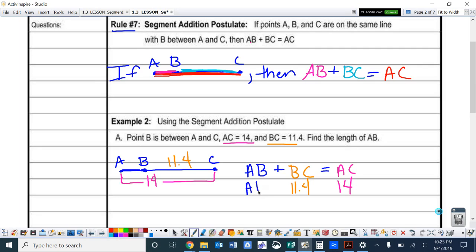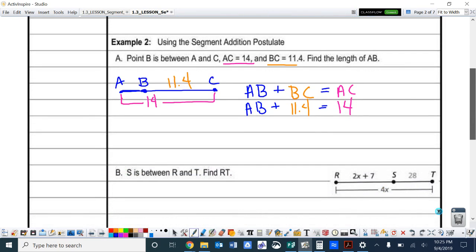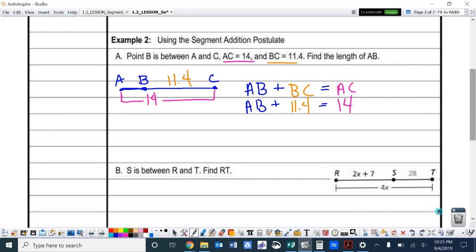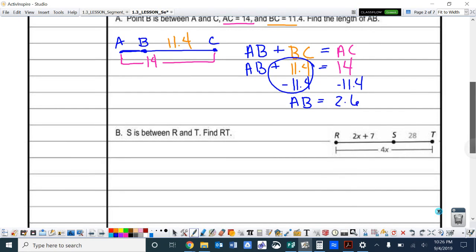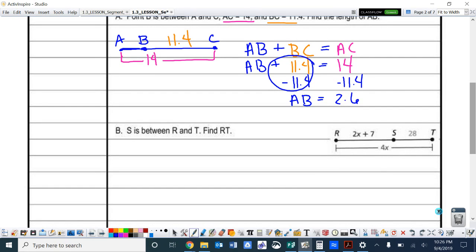So we can bring the rest down and solve for what we don't know. To get AB all by itself, I can just subtract 11.4 from both sides, leaving me with just AB equals 14 minus 11.4. That gives me 2.6. Great. All right, let's try one that has some algebra in it.